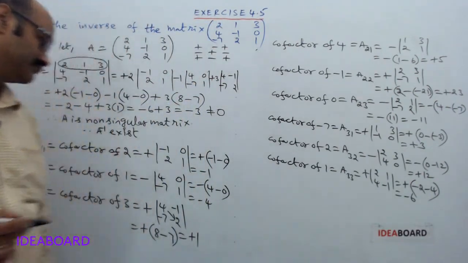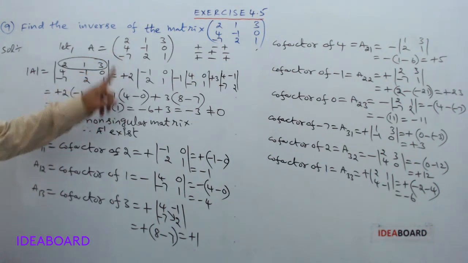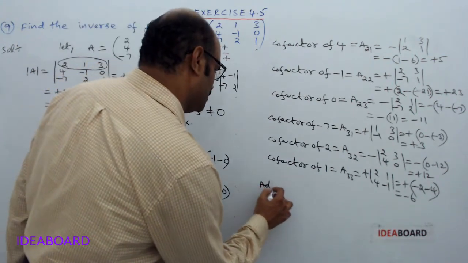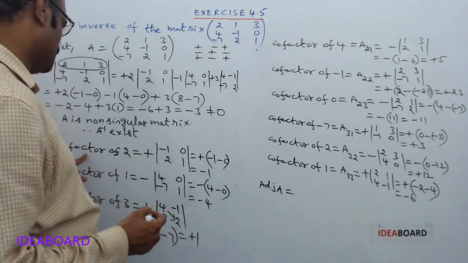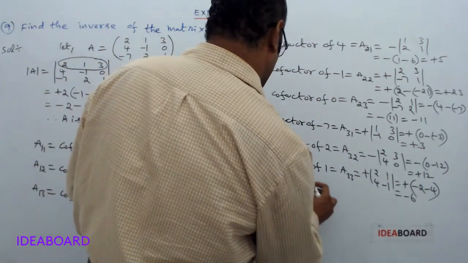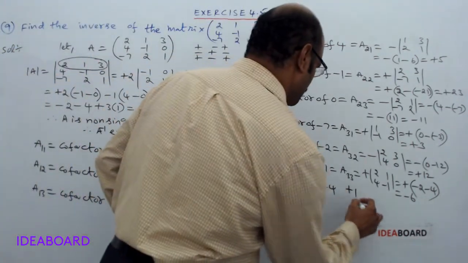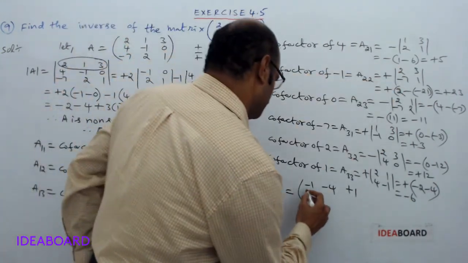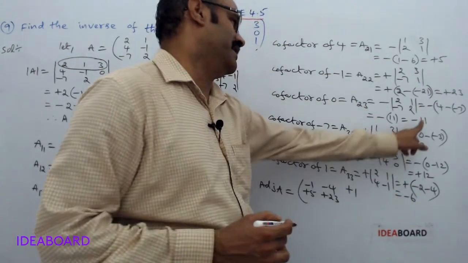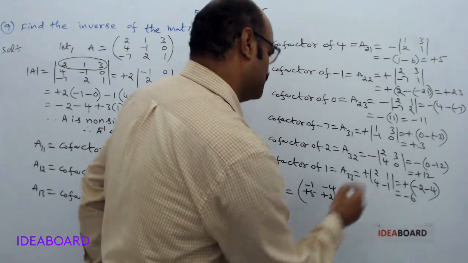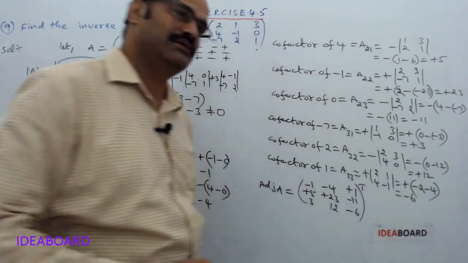Therefore, now we have to write the cofactor matrix of A. The adjoint of A equals the transpose of the cofactor matrix of A. So first we write the cofactor matrix: minus 1, minus 4, plus 1, plus 5, plus 23, minus 11, 3, 12, minus 6, transpose.